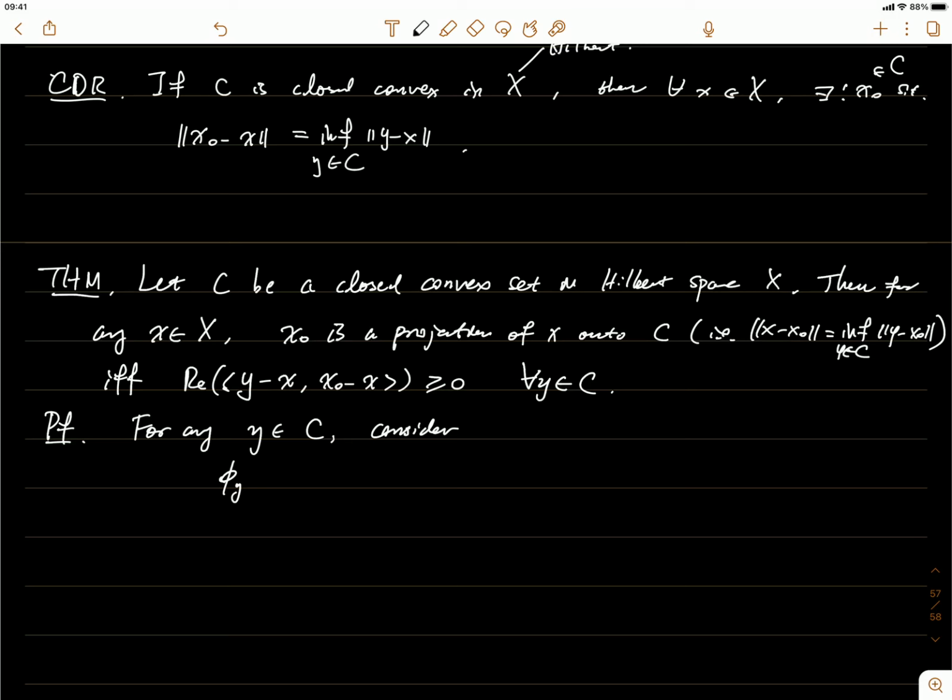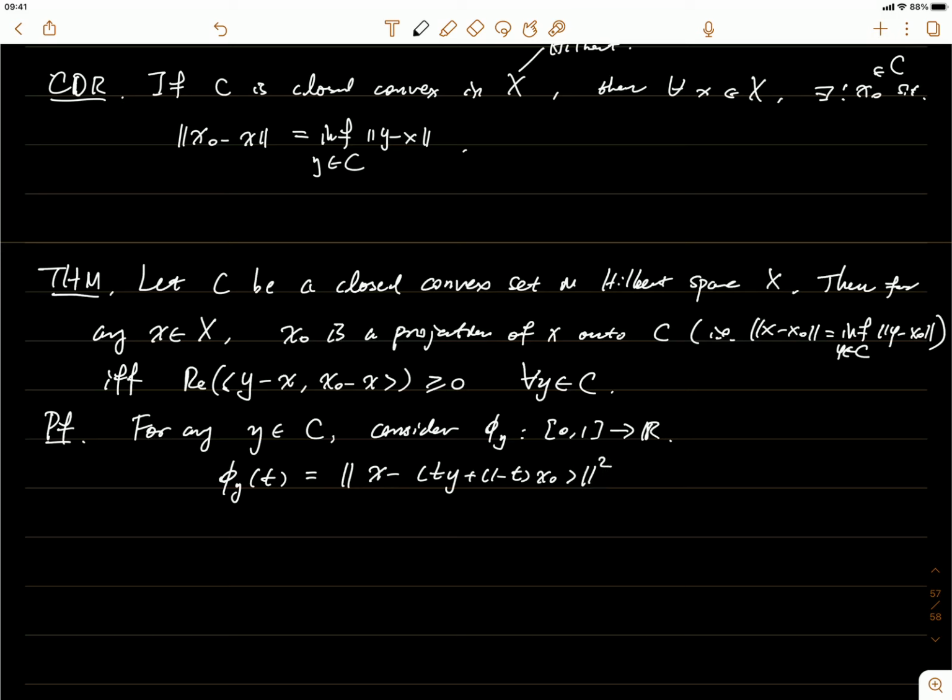Phi y is going to be a mapping from 0, 1 to R. And it is defined as a function of t, where t is a number between 0 and 1, as the norm of x minus t y plus 1 minus t x0, squared.